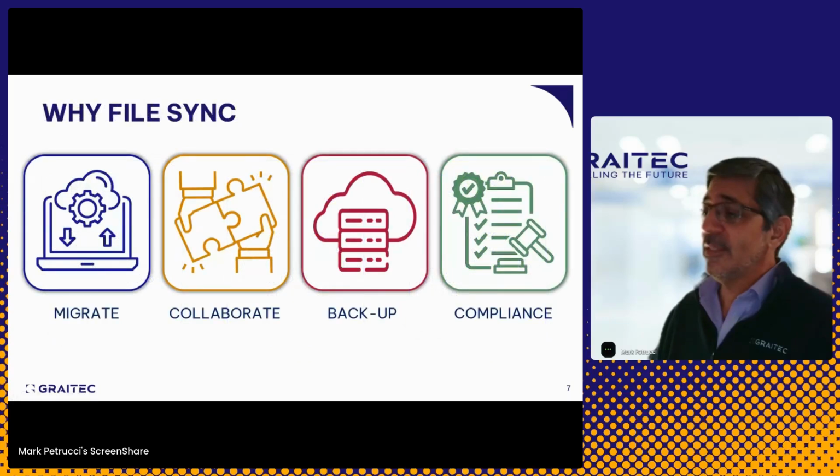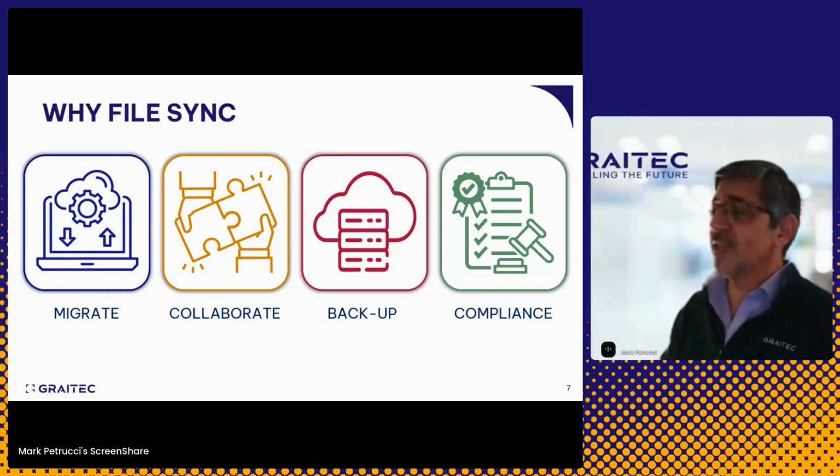Now, just a few slides talking about the big four data headaches. Migration. We can migrate project data between platforms in a single integrity-safe move. With collaboration, we can give every teammate instant access to one live cloud mirror file set. Now, that file set may be located on different platforms, but because of File Sync, we're able to keep everything in sync.